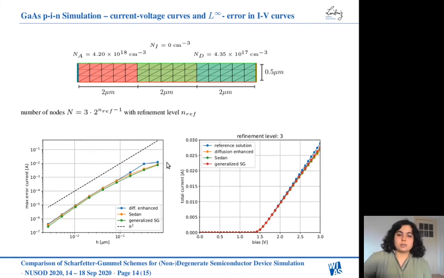Focusing here on small refinement levels, that means on coarse meshes, it seems that the Zidane scheme is as exact as the generalized Scharfetter-Gummel scheme. And this is notable since coarse meshes play a role in three-dimensional simulations where computational resources are limited.